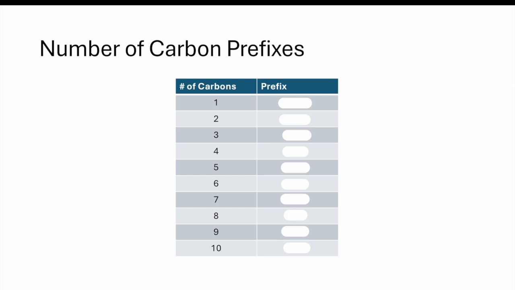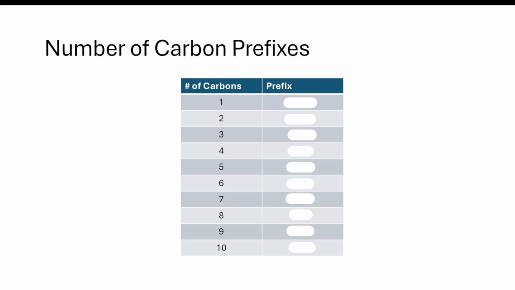Okay, so first thing we need is we have these prefixes that refer to the number of carbons that are in a given molecule. So if we have a molecule, we can tell how many carbons it has based on these prefixes. So 1 carbon, we use the prefix meth. For 2 carbons, we use the prefix eth. For 3 carbons, we use the prefix prop, and for 4 carbons, bute.